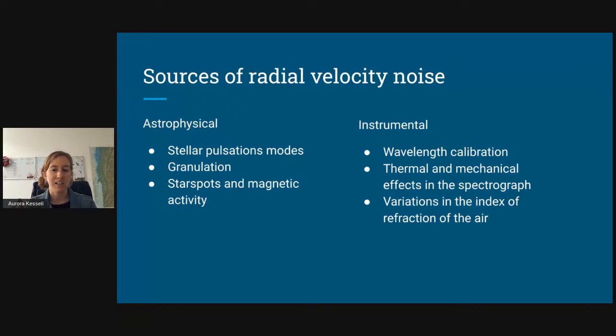If this slightly changes over time and slightly increases, you can start to trick yourself into thinking that you have an increasing trend in your radial velocity data, when in reality you just have something in your spectrograph that's causing this increasing trend. And also, variations in the index of refraction of air on a nightly basis can cause jitter in your radial velocity measurements.